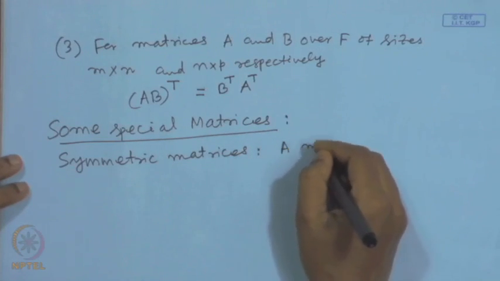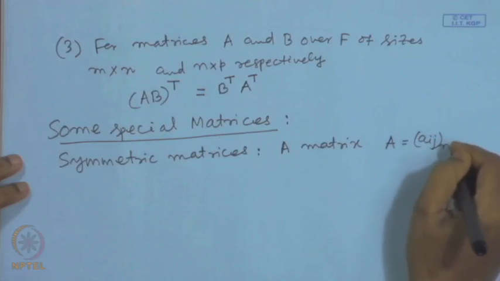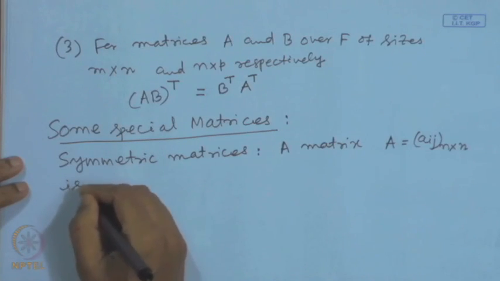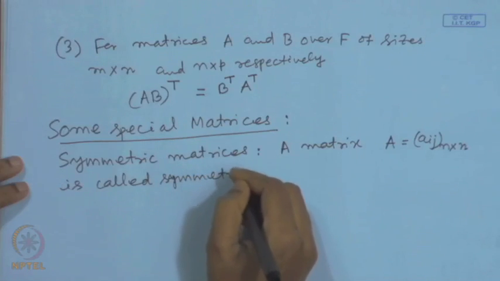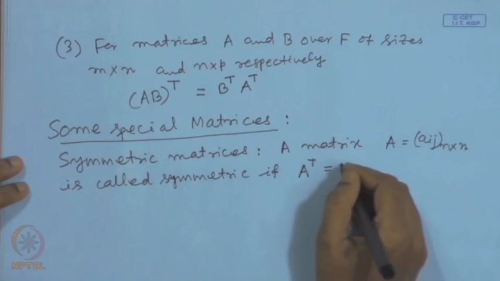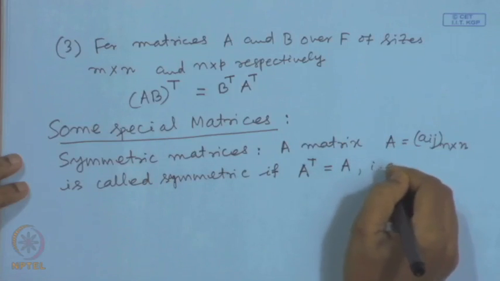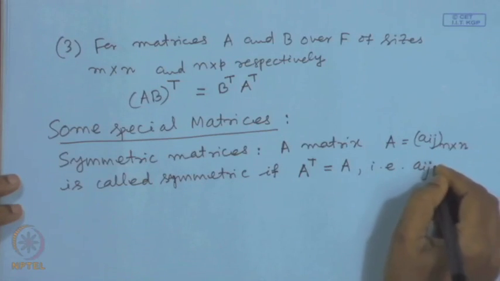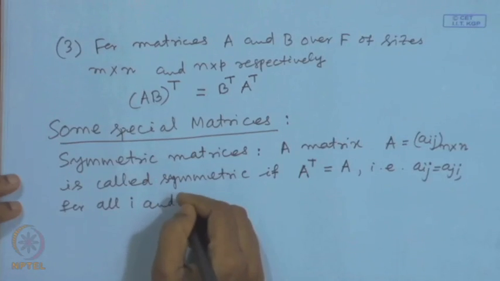So, a matrix A, basically a square matrix of size n by n, is called symmetric if A transpose is equal to A, or in other words, the entries satisfy Aij is equal to Aji for all i and j.